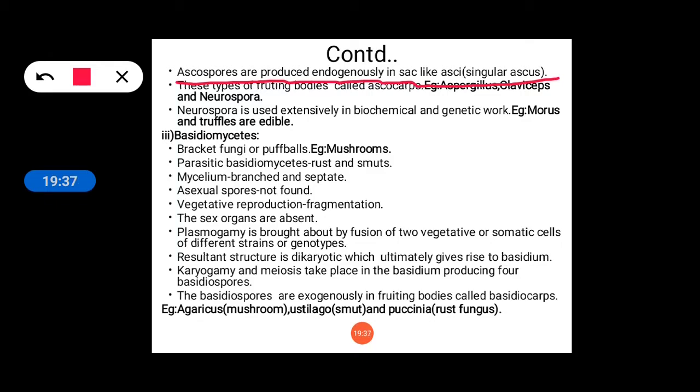Example, aspergillus, claviceps and neurospora. Okay. Neurospora is used extensively in biochemical and genetic work. Neurospora, aspergillus and claviceps are examples of Ascomycetes, and they are very helpful in biochemical and genetic work.